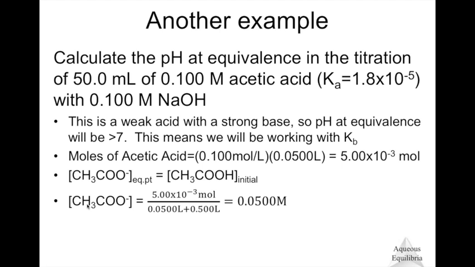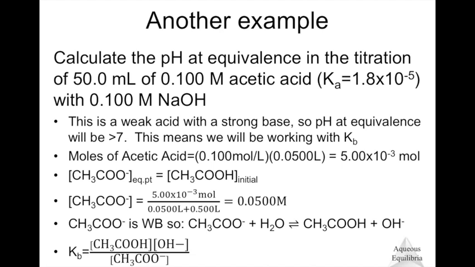So our concentration of acetate ion equals that many moles, because the moles are equal, over our new volume. And remember, volumes are additive. If you use 50 mL of this, since these are the same concentrations, you're going to use 50 mL of that as well. So now we have 100 mL, and we have a 0.05 molar concentration of our acetate ion.